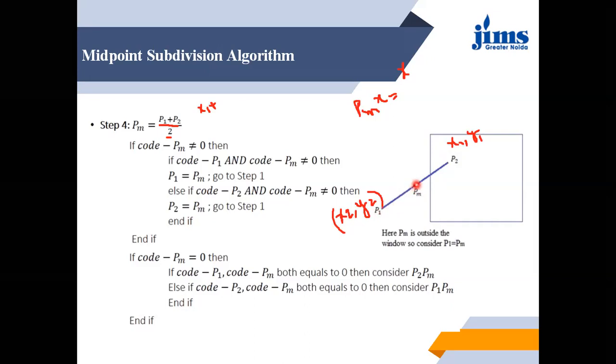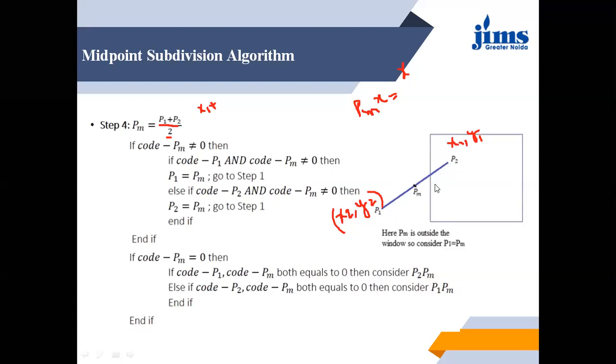It means this line is completely invisible, so there is no need to perform any operation on it again. Next we find the midpoint of P2 PM; for example, this is Pn.